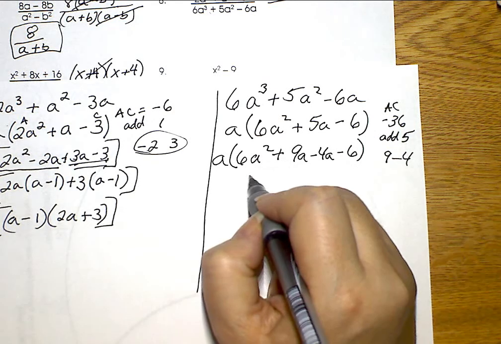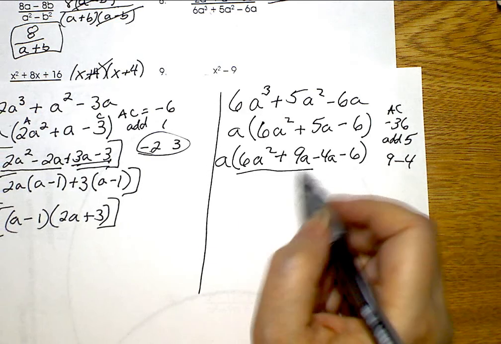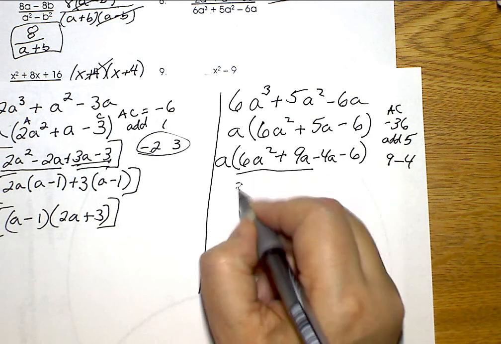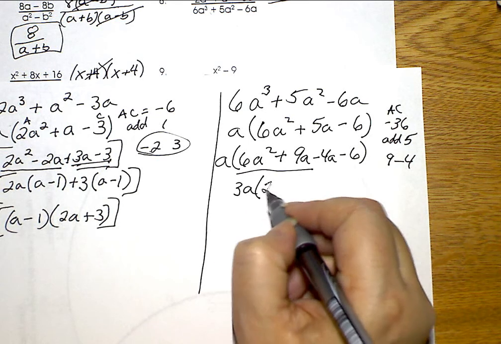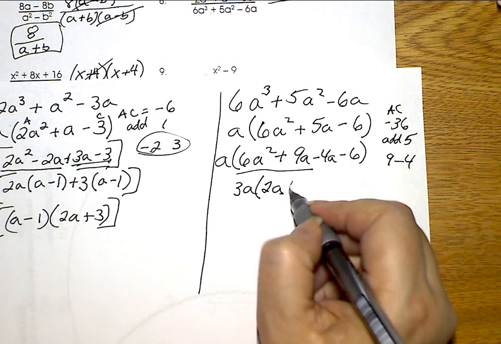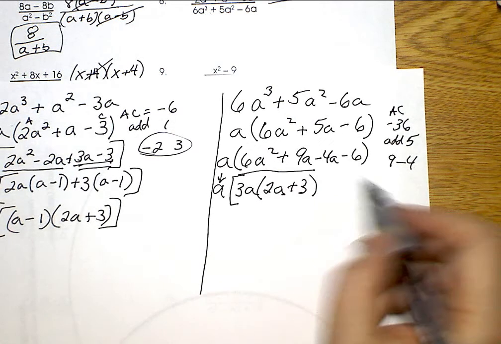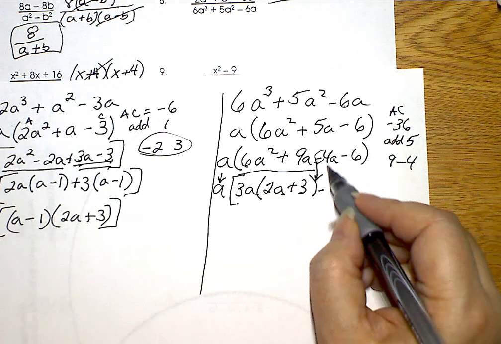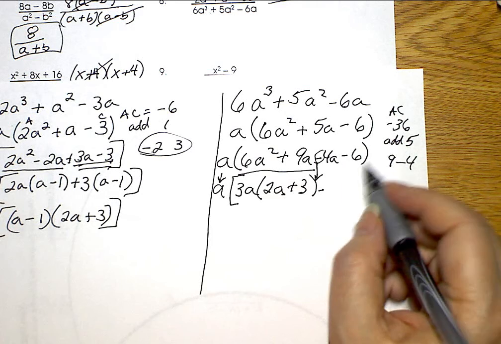Yep, what's in common with 6 and 9? There you go. So what's in common with 6a squared and 9a? 3a. So I am left with 2a plus 3. And I have to bring that a down so I don't lose it. Then the same sign comes down, and what is in common with 4a and 6? 2.